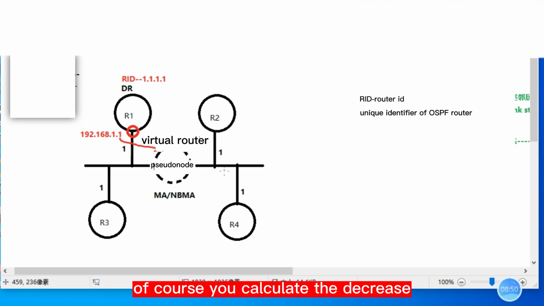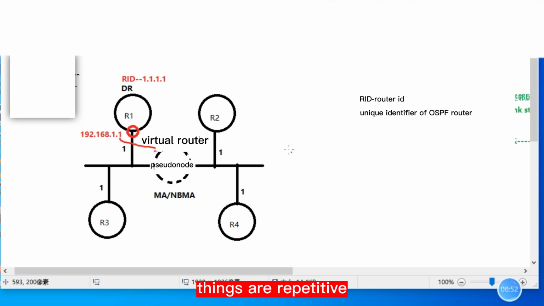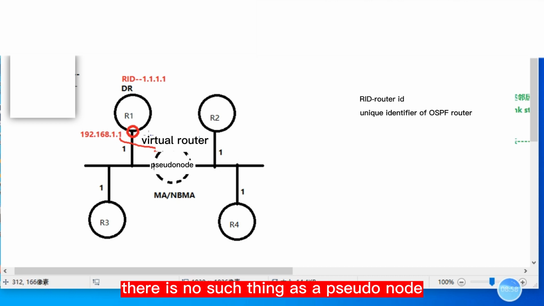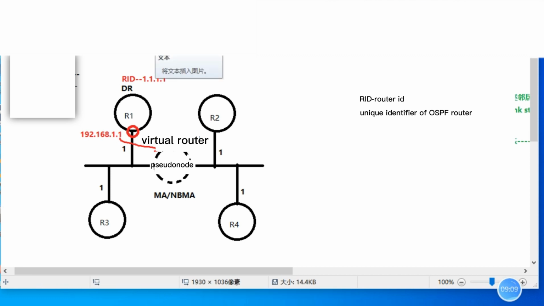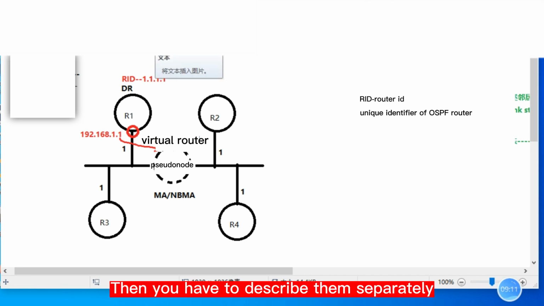Of course, you reduce the repetitive calculations. If you don't have this virtual router, there is no pseudo-node, which means in the network there is no concept of DR. Then you won't know that we are on the same network, and you have to describe them separately.